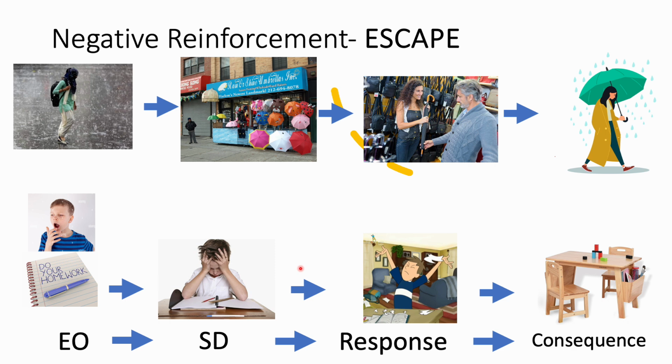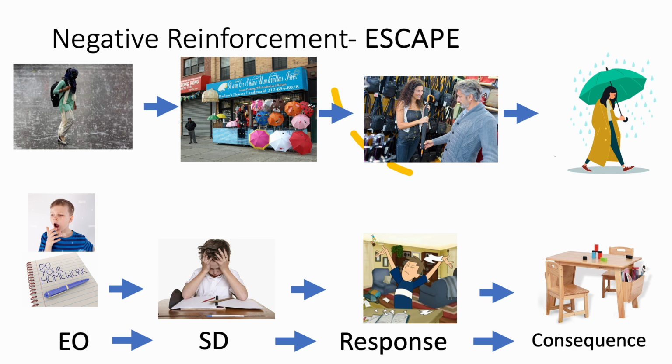But I would urge you guys to see if there's an alternative behavior also that can be taught. Escape extinction, there's a time and a place for it. I wouldn't say it should be your go-to intervention for escape maintained behaviors. There's going to be times when it's necessary, but extinction has a lot of behaviors that come along with it, a lot of negative behaviors. We have our extinction-induced aggression. We have our extinction burst, where we'll see higher intensity problem behavior, higher magnitude problem behavior, higher frequency problem behavior.